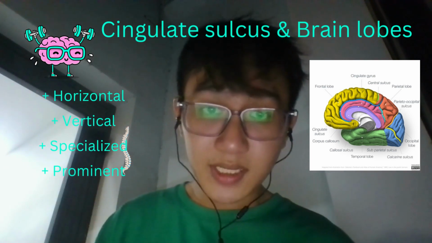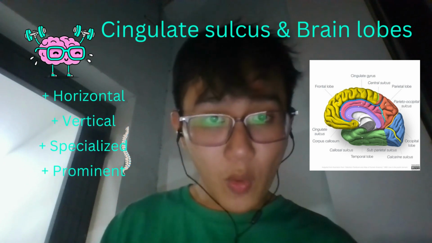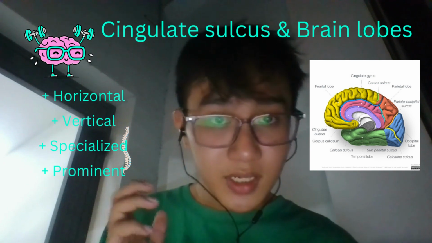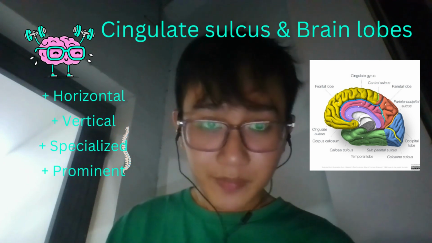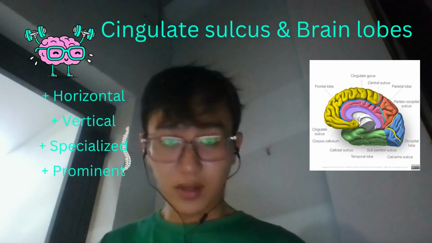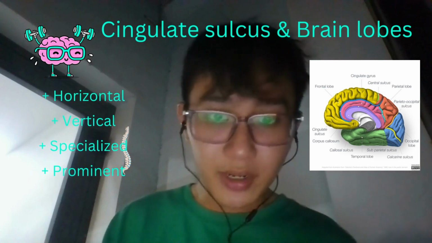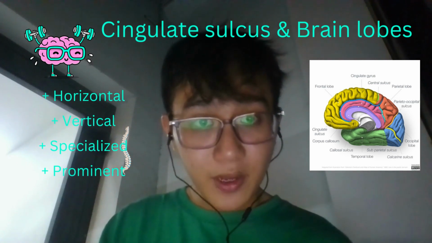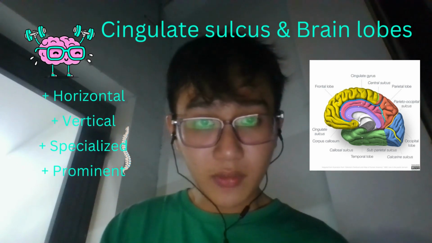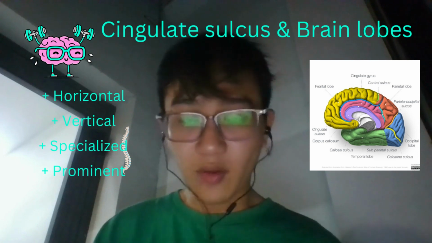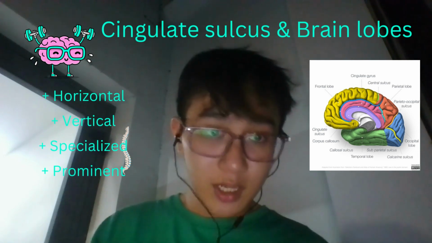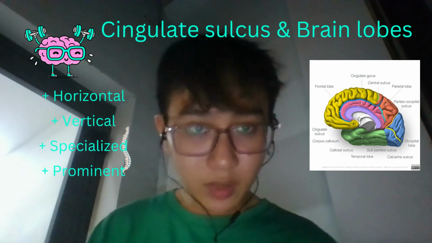We can see that the cingulate sulcus is very long. I will insert the picture here. It is a long sulcus, like a long furrow, a raised line to separate the frontal lobe.